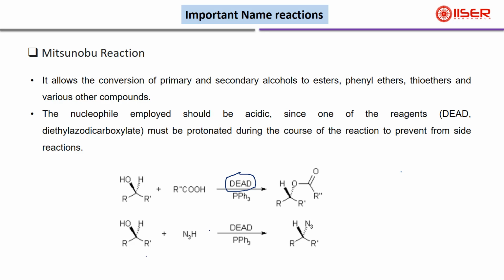Whatever the stereochemistry of our OH, the leaving group, the newly generated product with the new group substituting the OH will be in the opposite plane of the alcohol. You can notice here the OH group is above the plane, whereas the azide group is below the plane. The newly entered N3 group is below the plane.